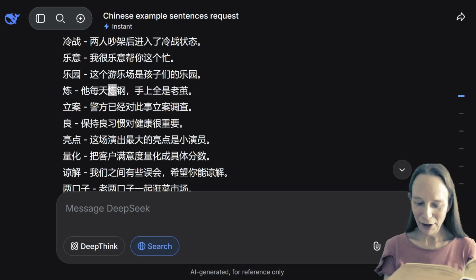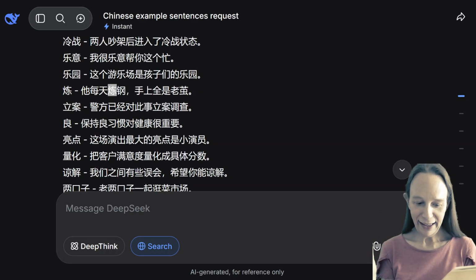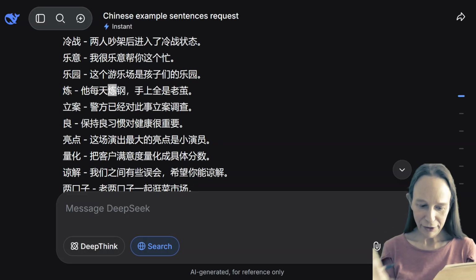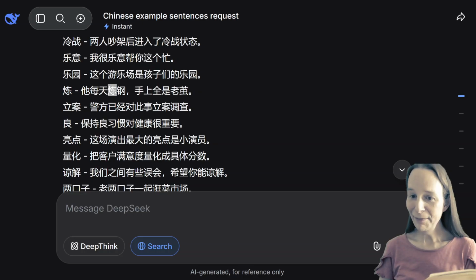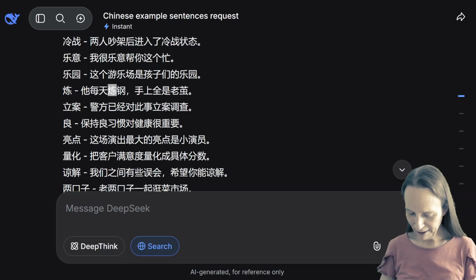Number 1 is a verb: 用加热等方法使物质纯净或坚韧. So we're using heat to make a substance purer or stronger, right? So this is the physical one.